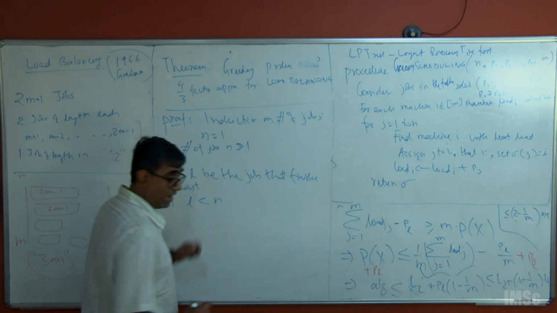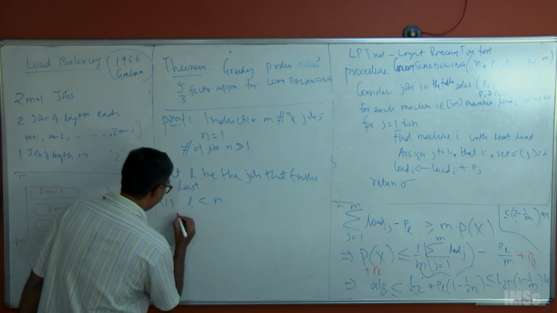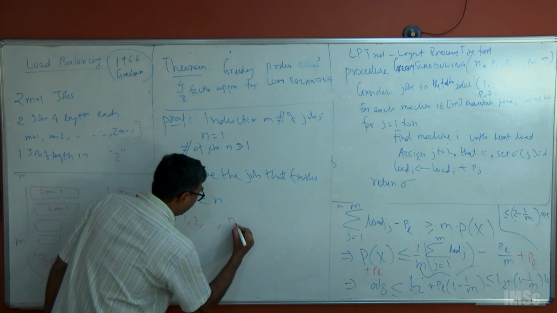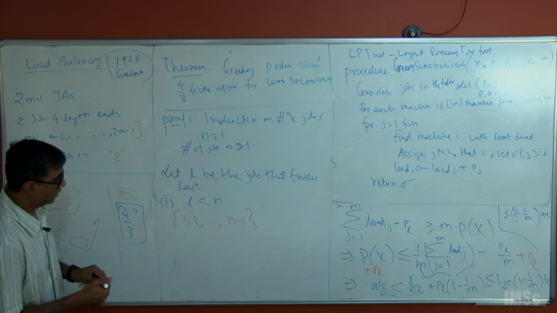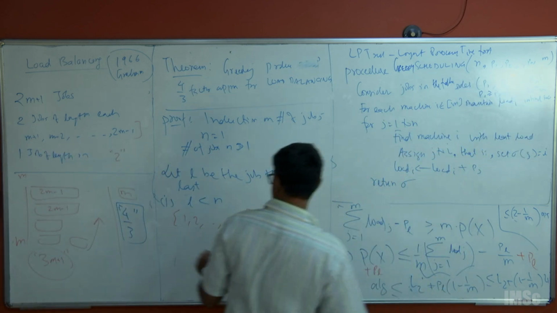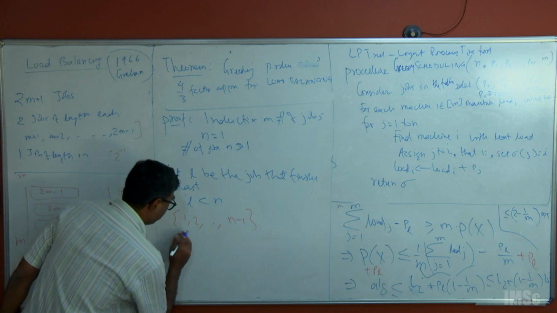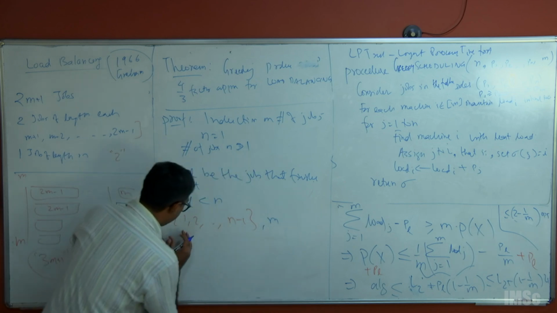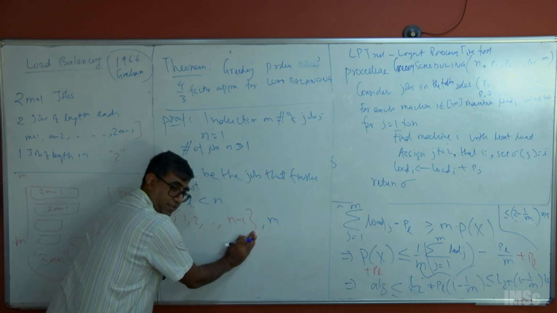So, if L is less than n, consider jobs 1 to n minus 1, right. Now, what is the property? This is in this order, right. So, now you are going to work on 1 to n minus 1 and n. Now, the number of jobs is strictly less than the previous time, right.